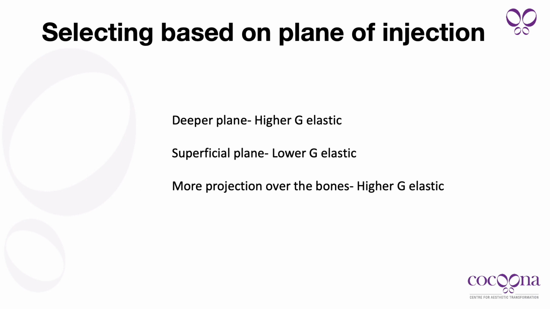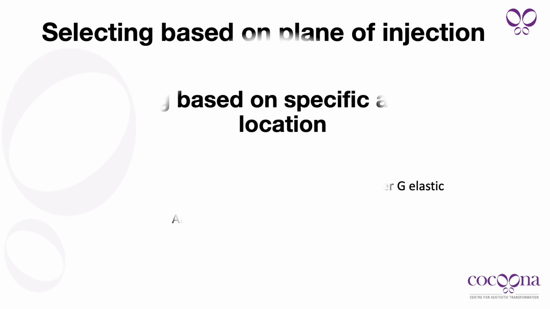If you want more projection over the bones, you need higher G profile fillers. And of course, you can also do layering. You can have higher G elastic products in the deeper layer and lower G elastic products in the superficial layers.